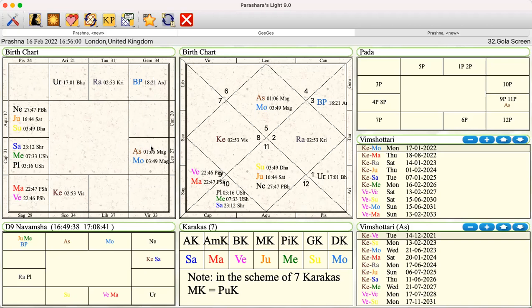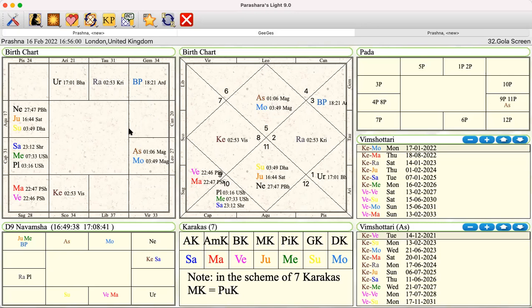Basically, Ashwini is ruled by Ketu, Venus rules Bharani, Sun rules Kritika, Rohini is Moon, Mars rules Mrigashira, Rahu rules Ardra, Jupiter Punarvasu, Saturn rules Pushya, Mercury rules Ashlesha.